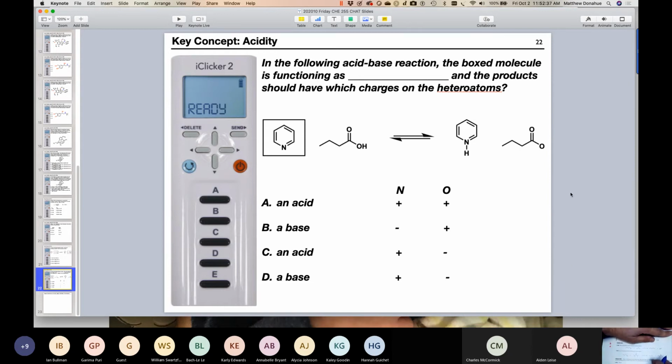When you look at these two species, which one is the acid and which one is the base? So we're looking at problem 38. We want to show how the proton is exchanged.